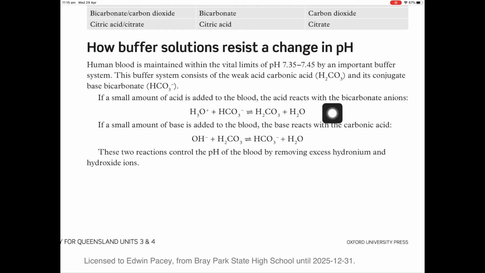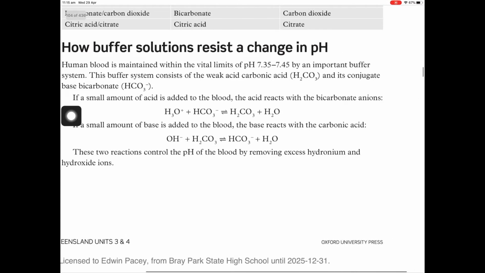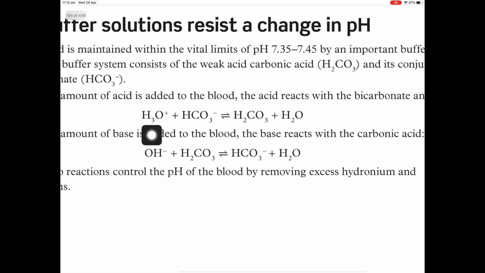So, if for any reason your blood got too much acid in it, like you pigged out too majorly on sour worms or something, sour lollies, sour straps, this is what would happen. The H3O+ is the acid that enters into your blood, the hydronium ion.